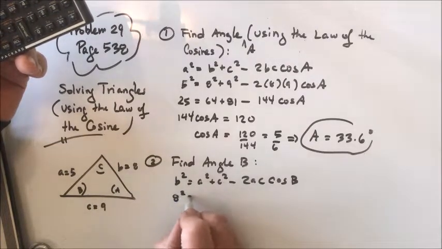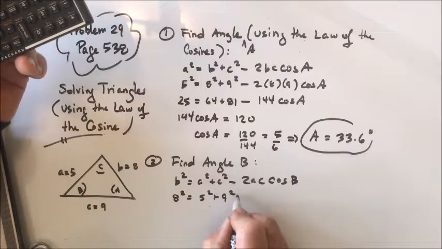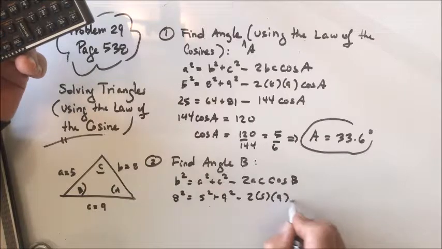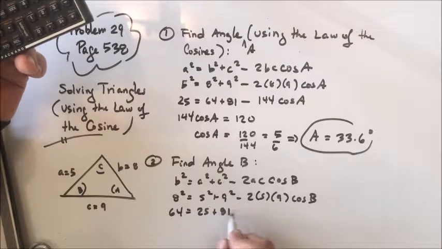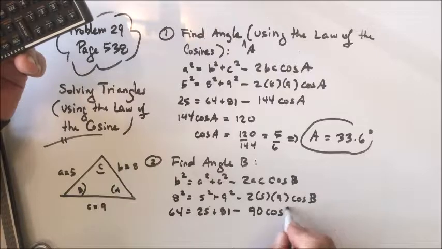I've got 8 squared is equal to 5 squared plus 9 squared minus 2 times 5 times 9 cosine B. One more time, I got 64 is equal to 25 plus 81 minus 90 cosine B.